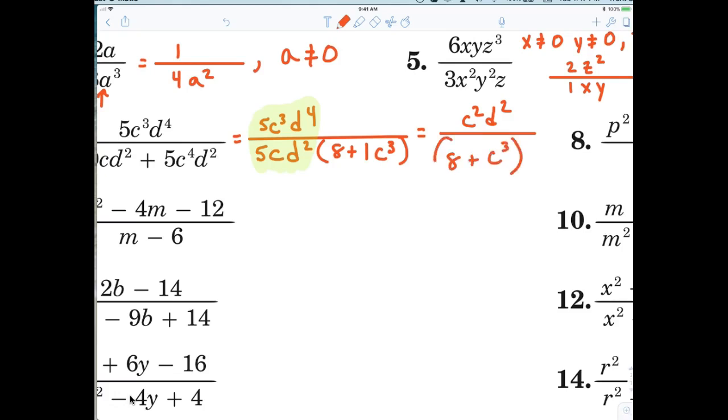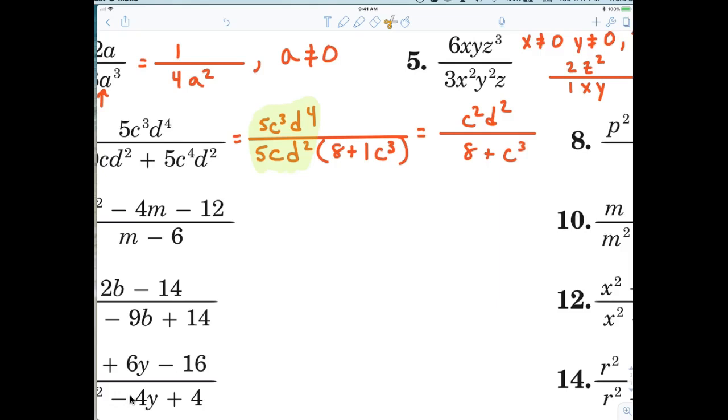I don't even need parentheses around that. I want to make sure I'm clear. Now you can do it again. Now, can I reduce the c's now? No. Things bounded by addition and subtraction cannot be reduced.